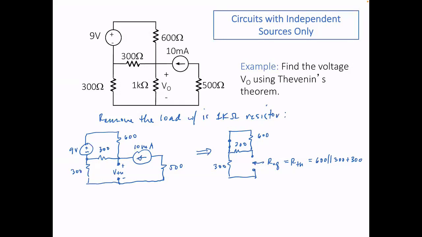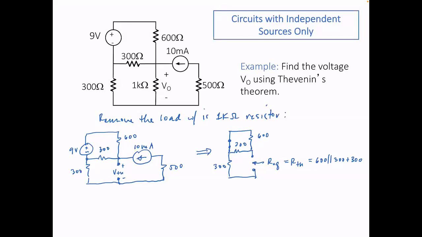The tool that probably you are most familiar with at this point is your nodal analysis method. So you can use nodal analysis. You can make, for example, the bottom terminal ground, and then you can use this as one of your nodes. This will be another node.